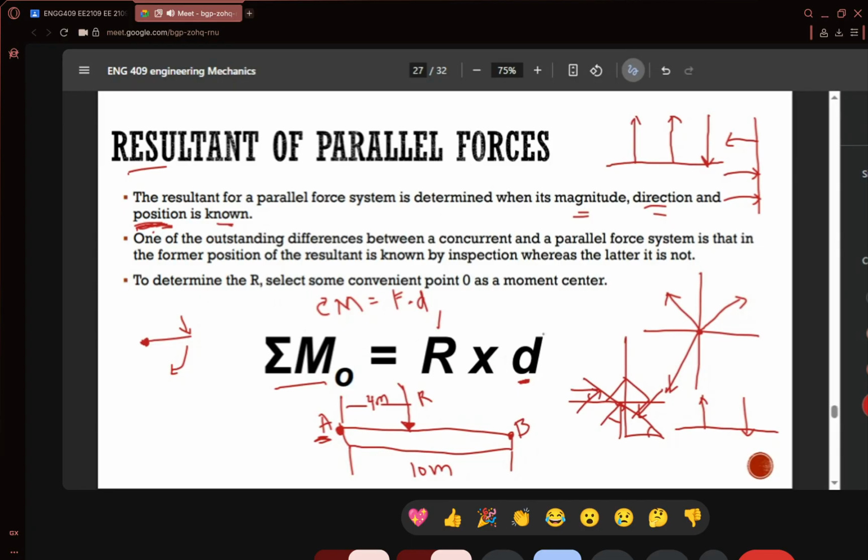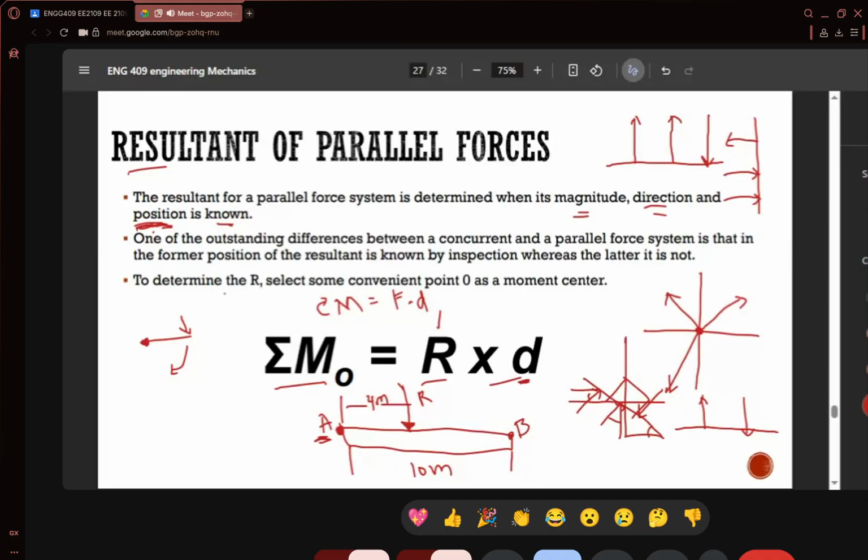Okay. So like what we've pointed out earlier, the outstanding difference between concurrent and parallel, so this one and this one. The position for the concurrent is already known, which is usually at the point where they meet or at the origin. While for the parallel forces, the resultant is to be determined using summation of moments, right?